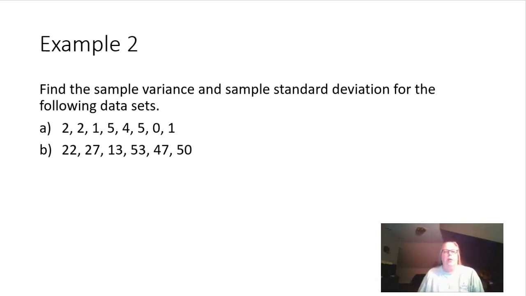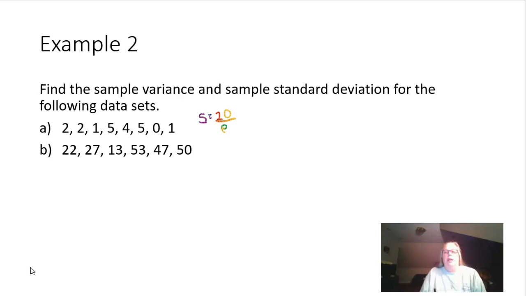Okay, so let's go ahead and figure out the mean for both of these samples and the n-1. All right, for part A, when we add all of those data points together, you get 20. And there are 1, 2, 3, 4, 5, 6, 7, 8 of them.